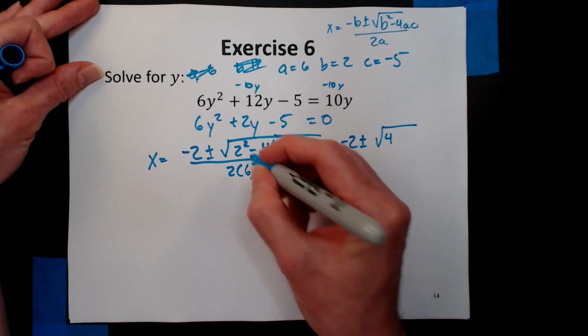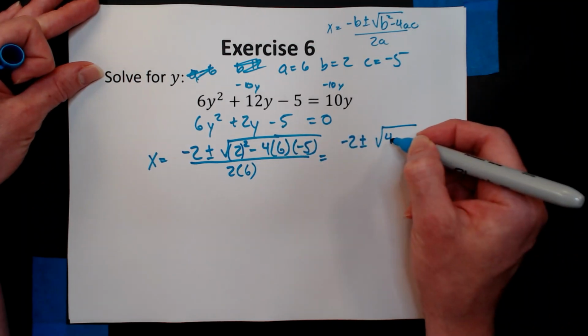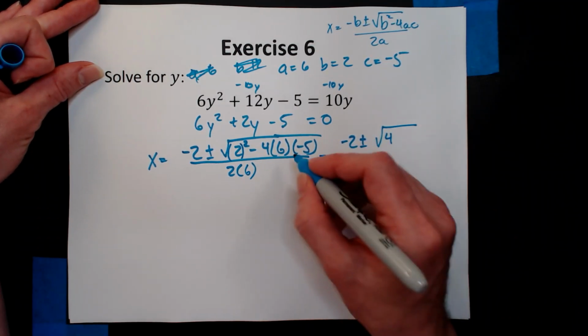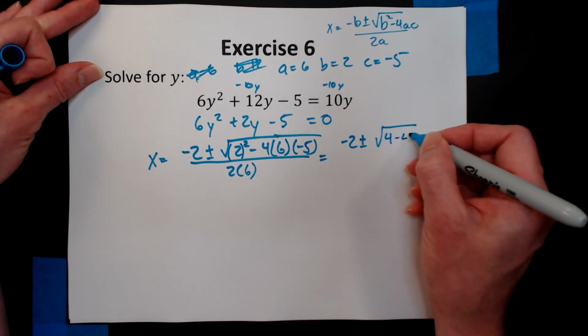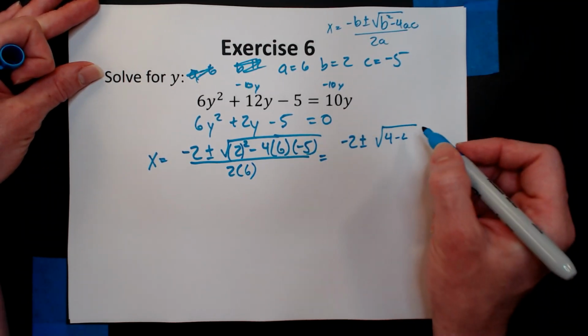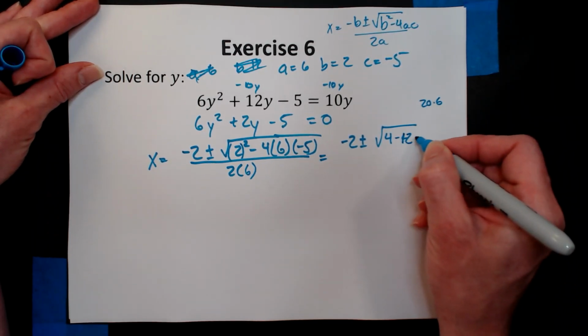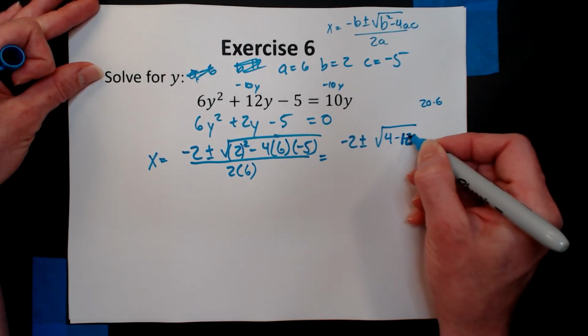That's 2 squared. Remember, put that in parentheses, because if it was a negative 2, that would still make this positive. 4 minus 4 times negative, negative 4 times negative 5 is 20. 20 times 6 is 120. Positive 120.